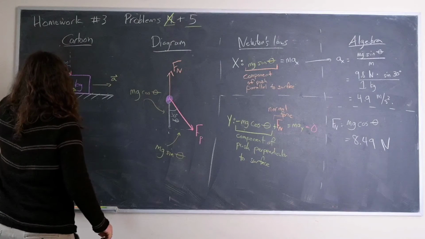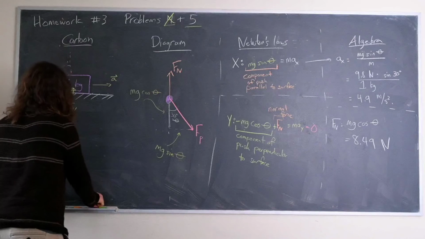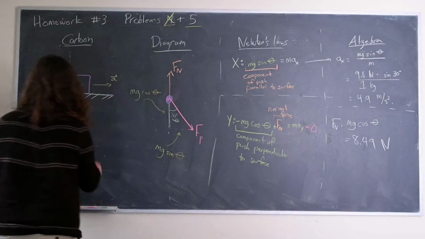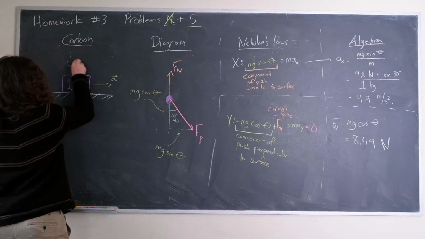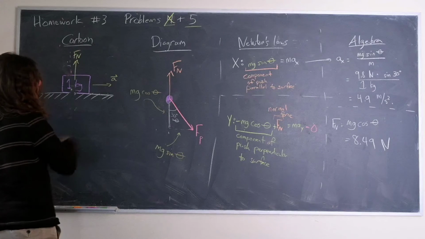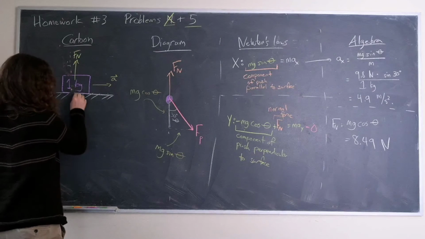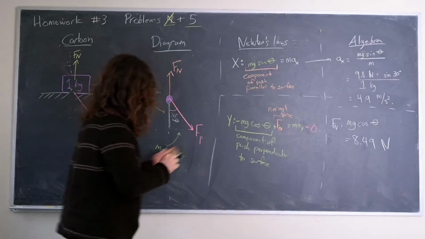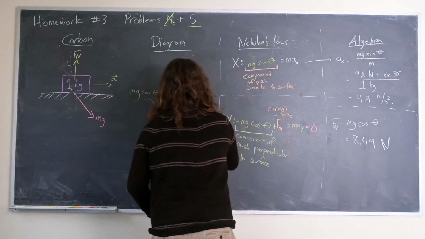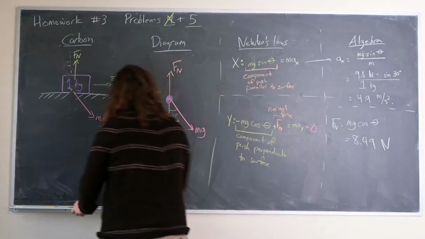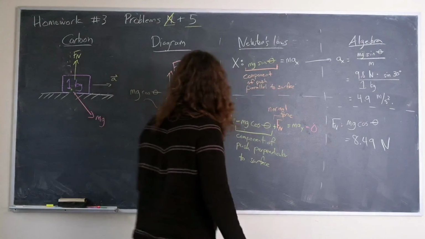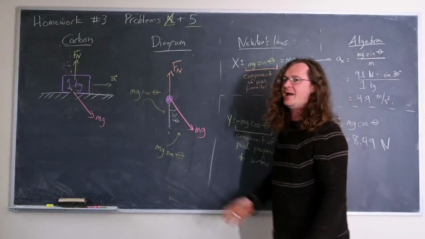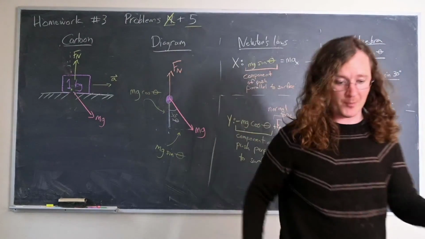Now, we'll draw these arrows slightly differently, just for grins. Of course, the diagram is the precision thing. So that's mg. This is mg, and you're probably thinking, wait a minute, gravity doesn't go at a funny angle, gravity goes down. And you told me to do this problem on a slope.